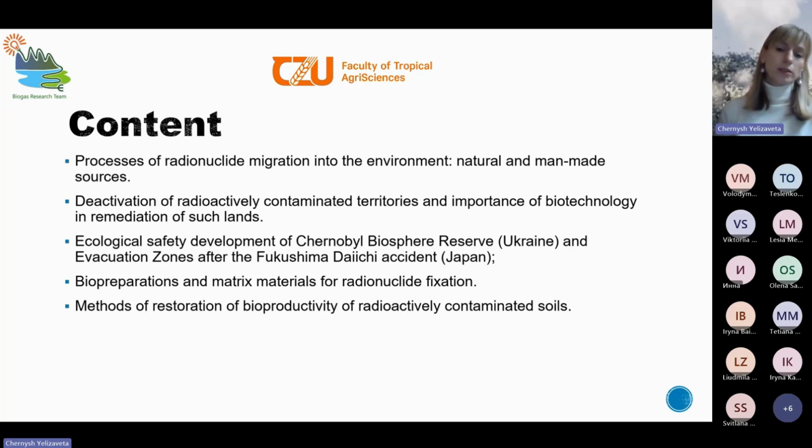We also talked about the Chernobyl biosphere reservation and some mechanisms of restoration of the Fukushima danger evacuation zones, some biopreparations that can be used, and matrix materials for nuclide fixation. We also discussed very briefly methods of restoration of bioproductivity of radionuclide-contaminated soil, and also the types of opportunity for this. So it's the topic of today.